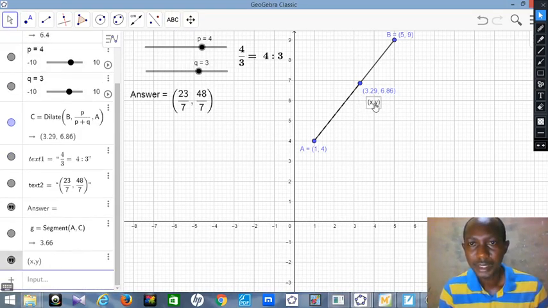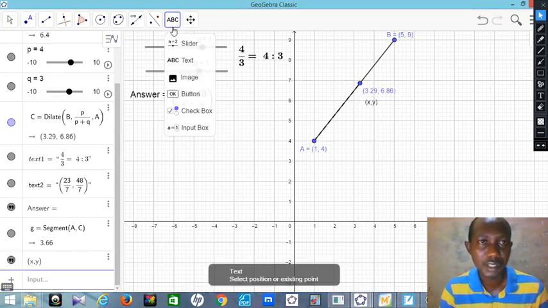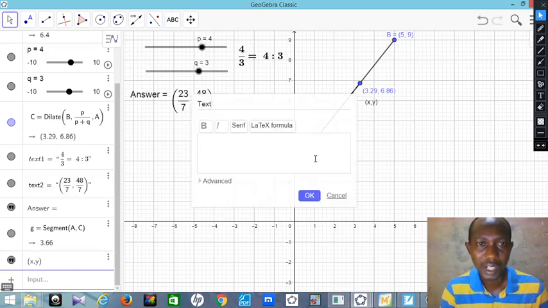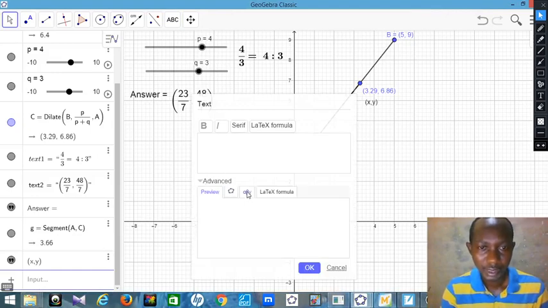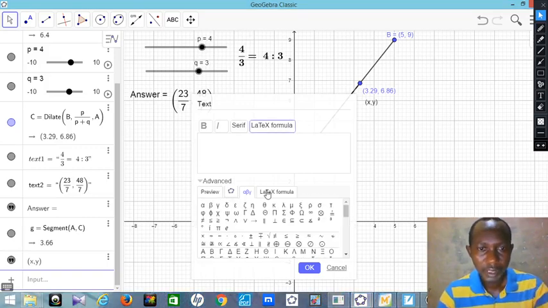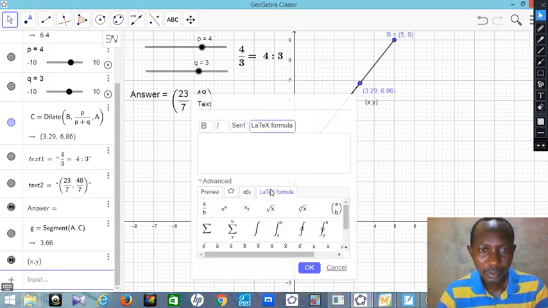Take note, and don't forget, remember the first point. Let me also label it. The first point, we usually call it X1, Y1. So don't forget that. Let me get the X1 symbol. Okay, I have it here.